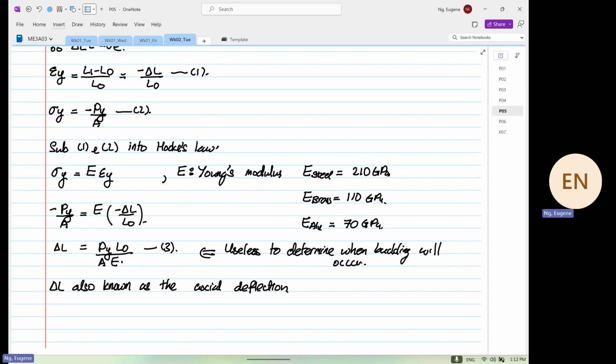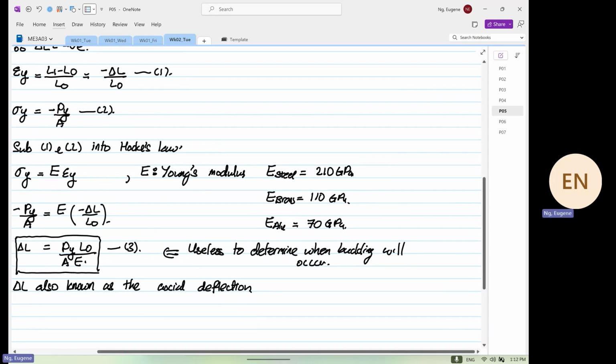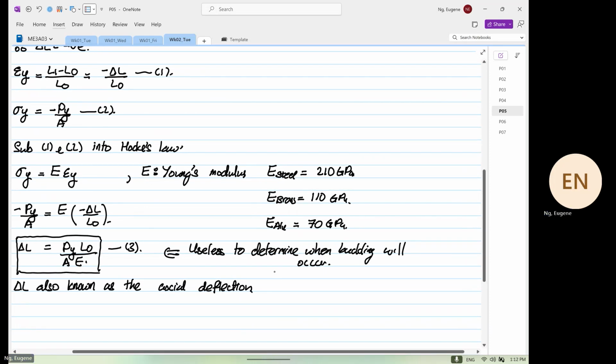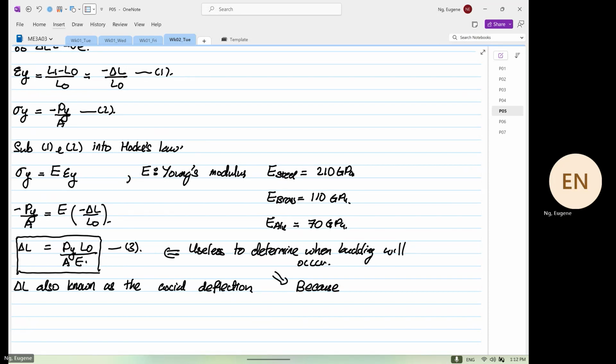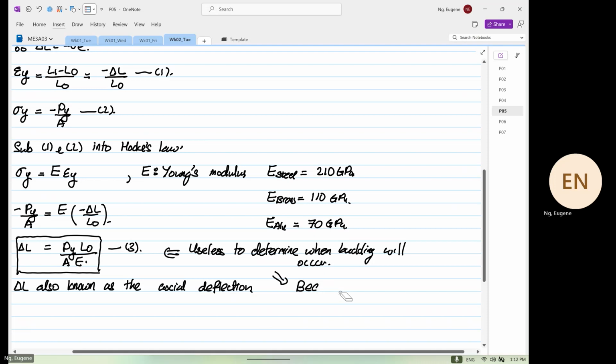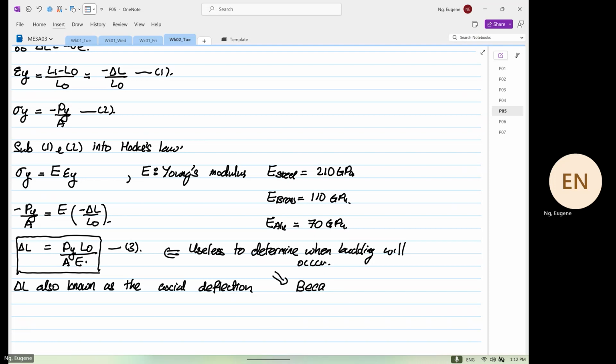So we know that this equation is useless for buckling, right? Because the deformation is only in the what?